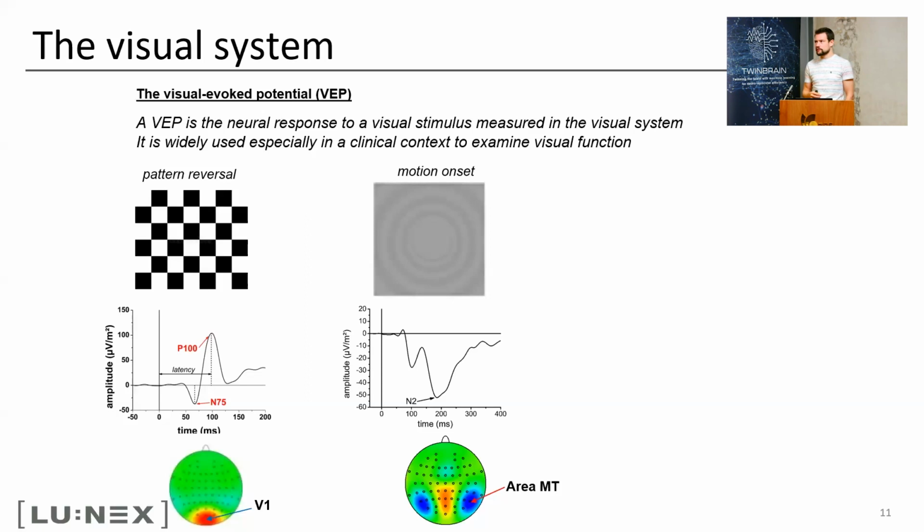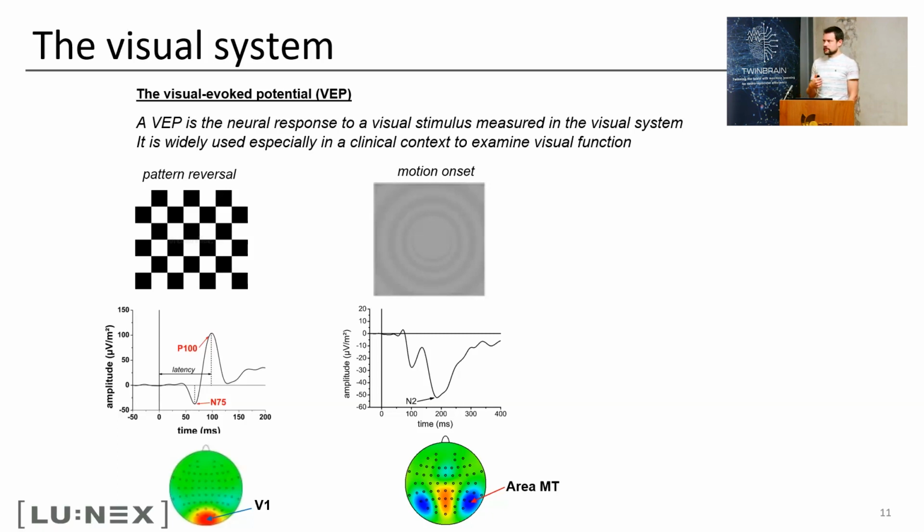So we have 2, sometimes 3 potentials that we investigate. The first is a negative potential around 75 milliseconds, the N75. Then we have the typically strongest potential, the P100, a positive potential 100 milliseconds after stimulation.